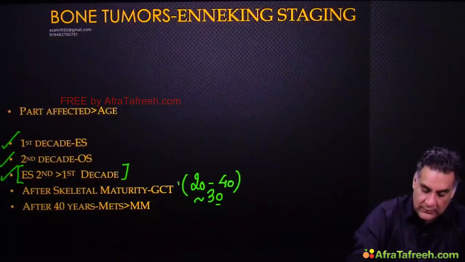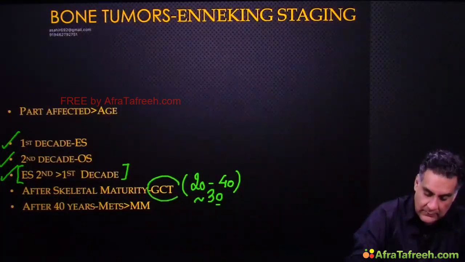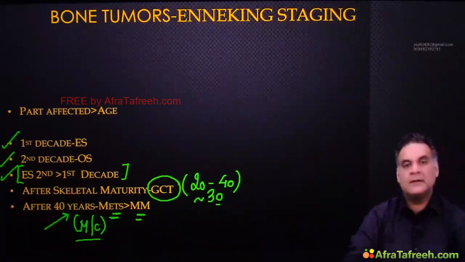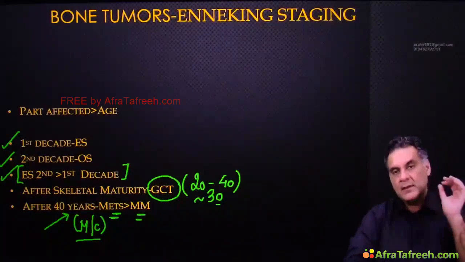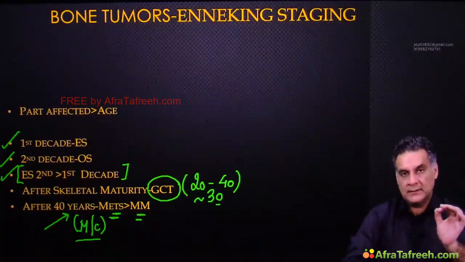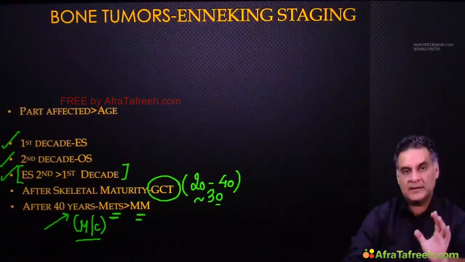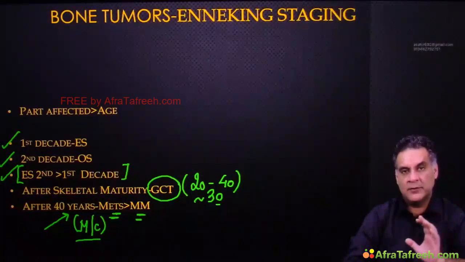We talk about giant cell tumor. And after 40, this is the most common age for the tumors. You have metastasis followed by multiple myeloma. Multiple myeloma happens to be the number one primary bone tumor. Metastasis is the number one bone tumor.